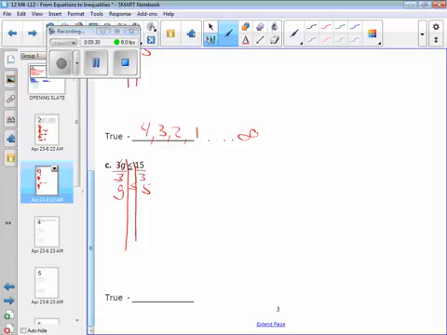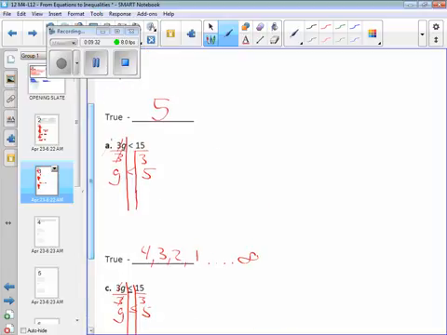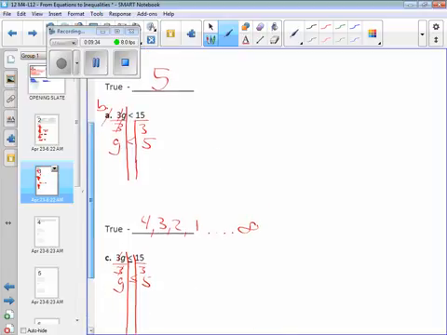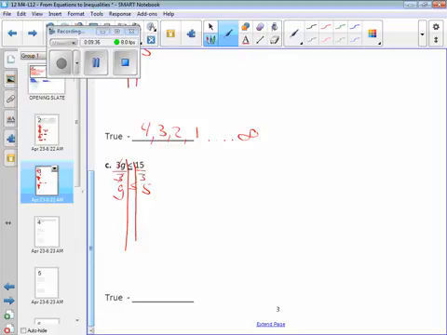This is B. Okay, so now what's the only difference between example B and example C? Colin. What number? Right, so does it include 5 to make the statement true? It does.